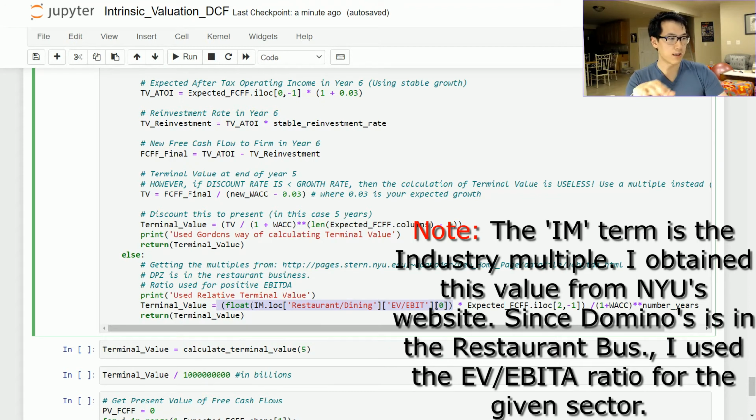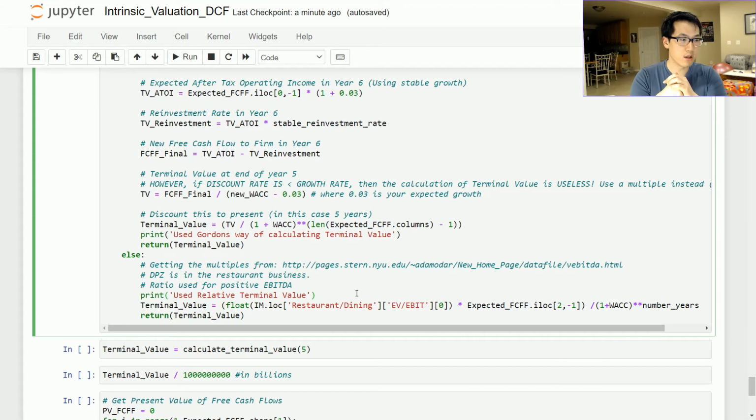And you're multiplying this ratio by your expected free cash flow to firm, and you are discounting this back however many years, in this case 5, to calculate your terminal value. So that is all you really need to know on how to calculate the relative value.